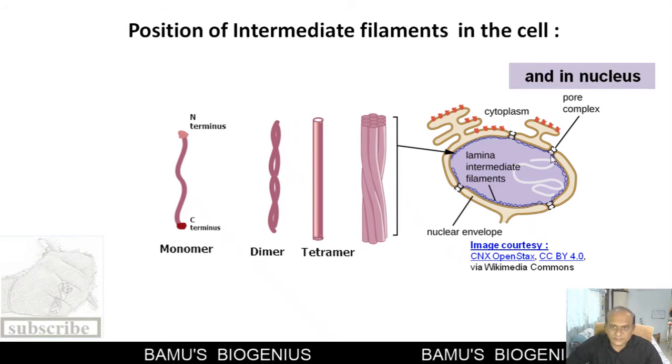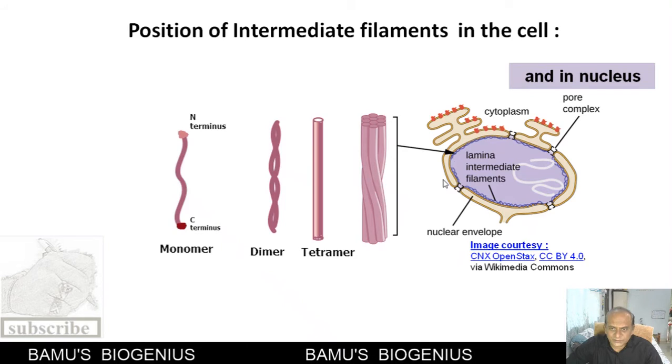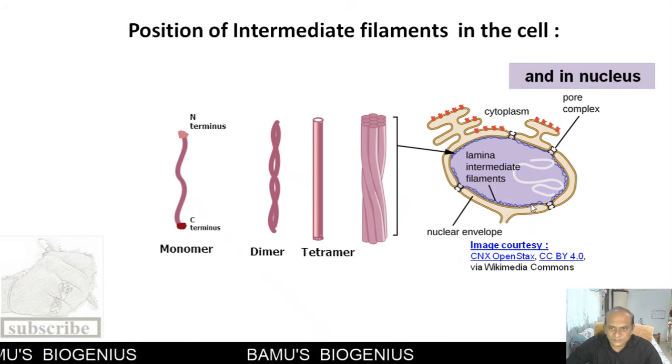Intermediate filaments are also found inside the nucleus, where they give support to the nuclear membrane with the help of an intermediate filament protein known as lamin protein.